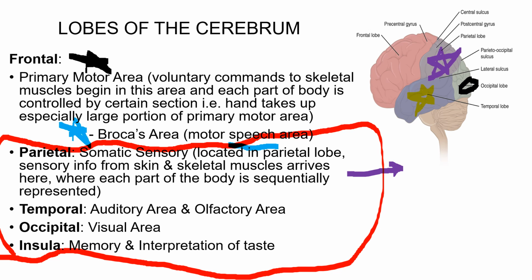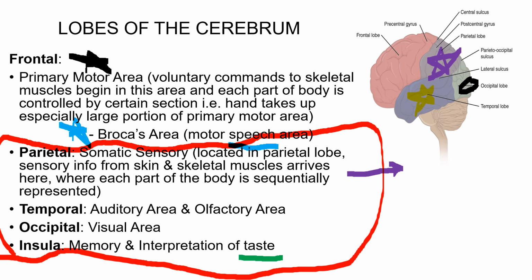And then last but not least is the insula. And the insula you can't see from the outer surface of the cerebrum. What we're going to have to do on the next slide is carve out a piece of the area where the temporal and the parietal area meet. And the insula is responsible for a little bit of memory, not solely just memory, but a little part of the memory, and also interpretation of gustation, or in other words, taste.